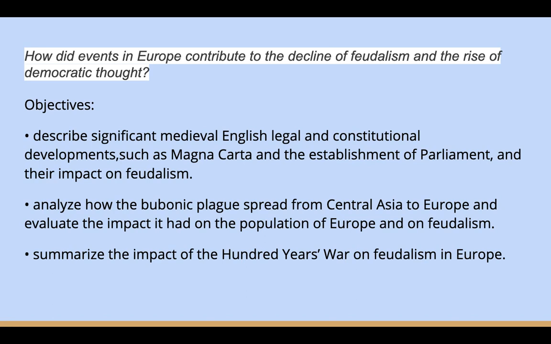Number 2, analyze how the bubonic plague spread from Central Asia to Europe and evaluate the impact it had on the population of Europe and on feudalism. And lastly, number 3, summarize the impact of the 100 Years' War on feudalism in Europe. We will not get to our third objective until next week when we visit section 3.